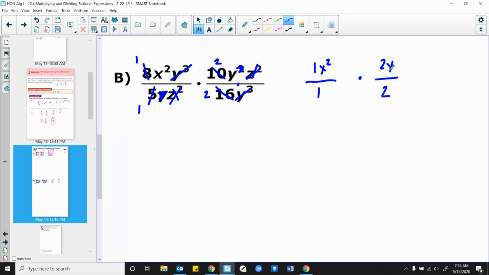Now I start multiplying across. I'm going to have 2, because 1 times 2, and then I'm going to have x squared y. And then on the bottom, 1 times 2 is 2. And to finish up, I know that my 2's are going to cancel. So I'm left with my answer, which is x squared y.